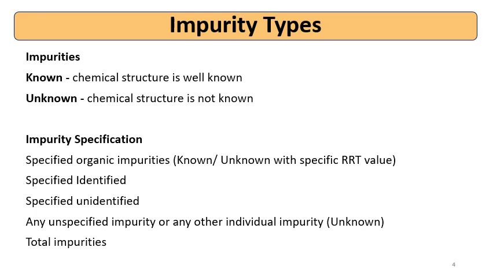So impurity specification means giving the limit to each and every impurity, and also the specification is given to the total impurity. Many of the guidelines give the information about the individual impurities that may be known, unknown, specified, identified or unidentified, or any specified impurity or any other individual impurity or max unknown impurity.